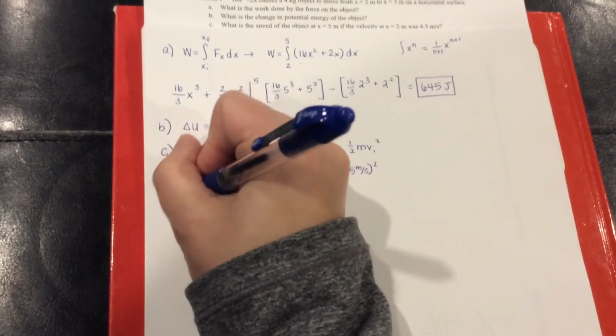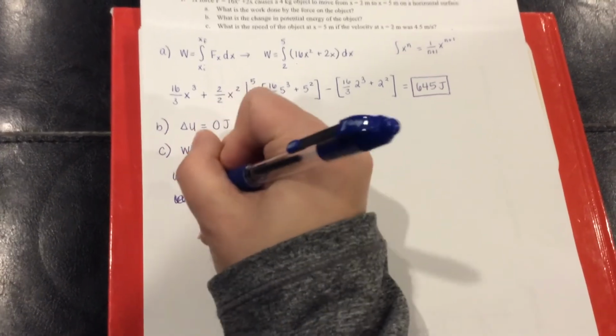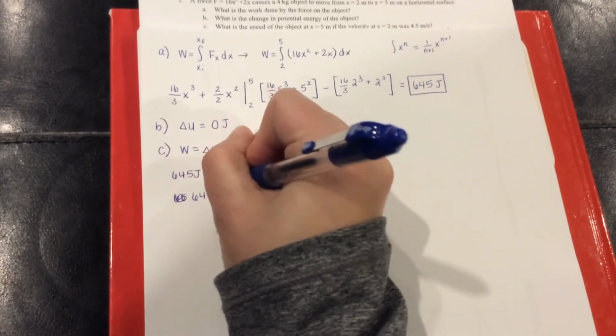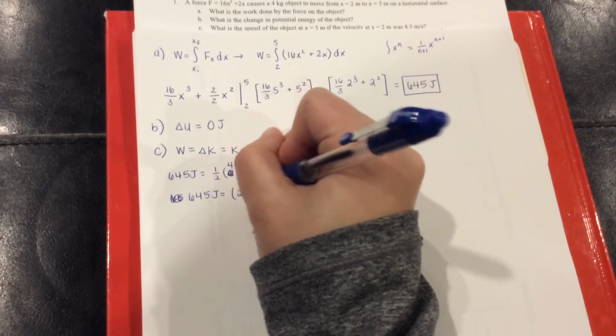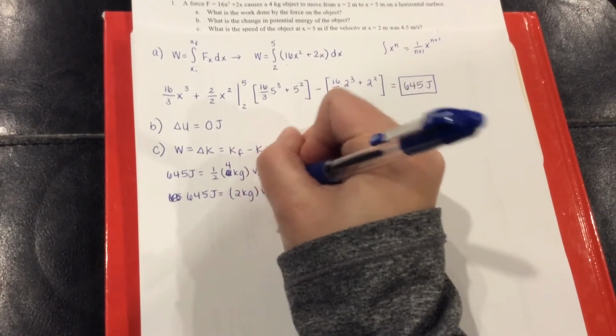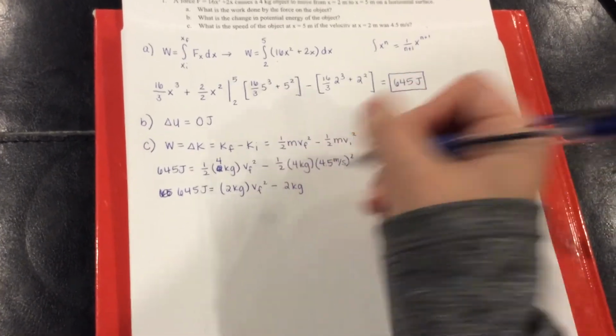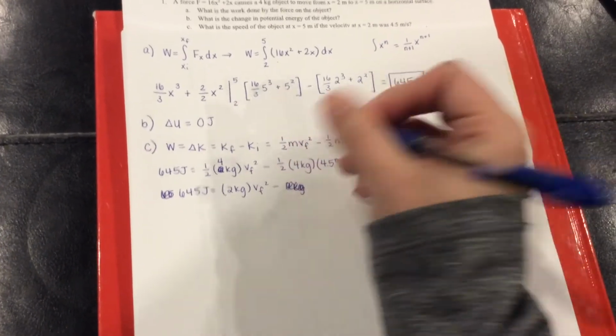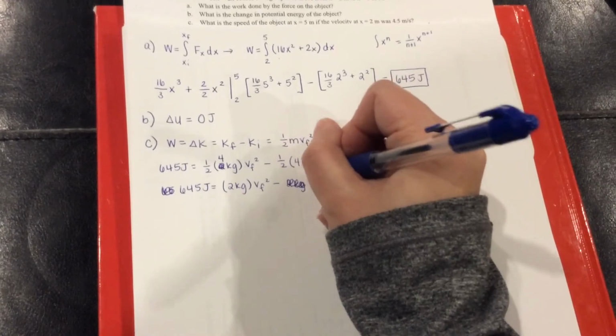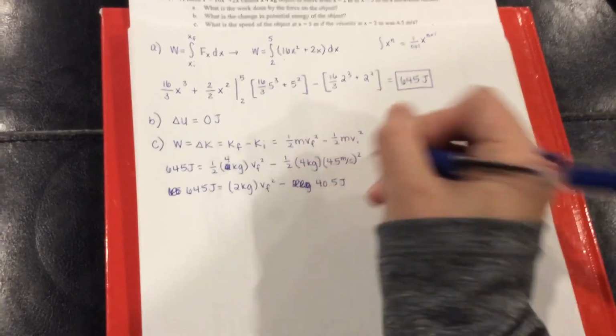And so then I'll get that 645 joules is equal to 2 kilograms times v final squared minus 2 kilograms times 4.5 meters per second squared. That all ends up being about 40.5 joules.